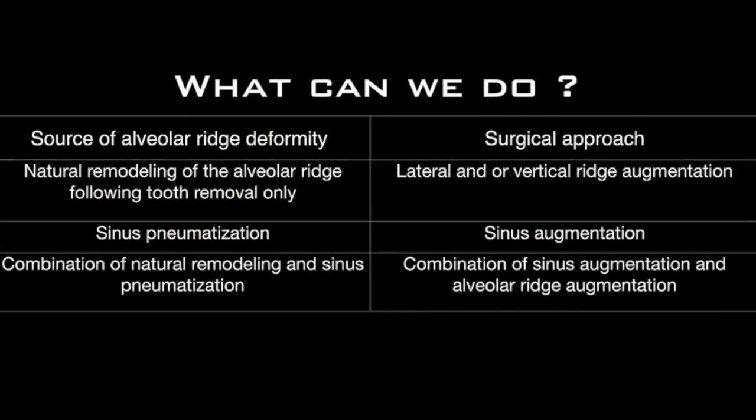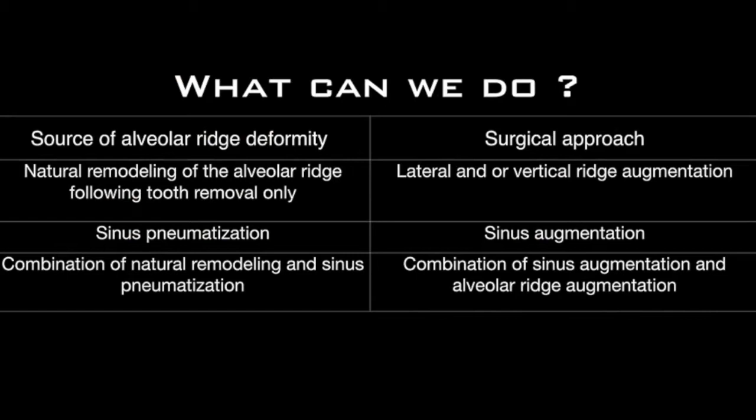So what should we do in this type of scenarios? If the source of the alveolar ridge deformity is the natural remodeling of the alveolar ridge after the removal of a tooth, well, do lateral and/or vertical ridge augmentation. If the source is the sinus pneumatization, then do a sinus augmentation, whether vertical, lateral, with or without piezo.